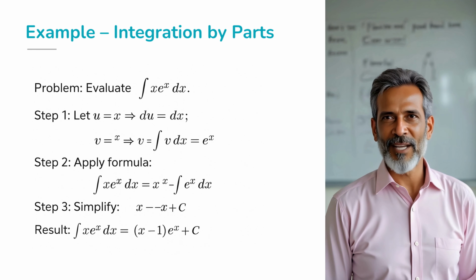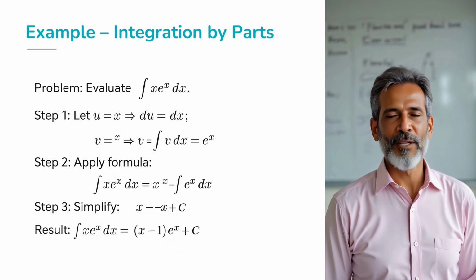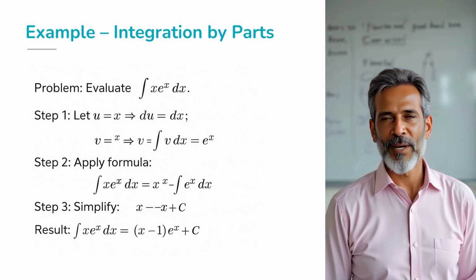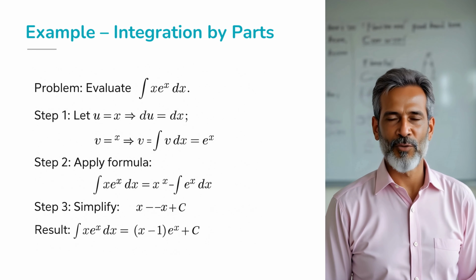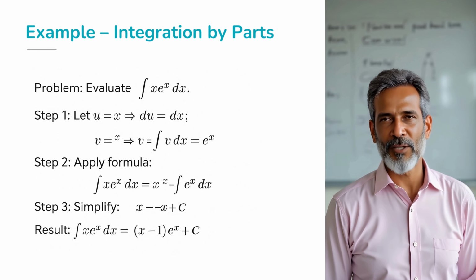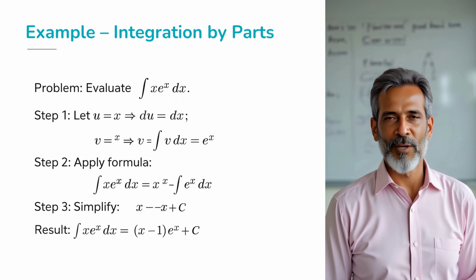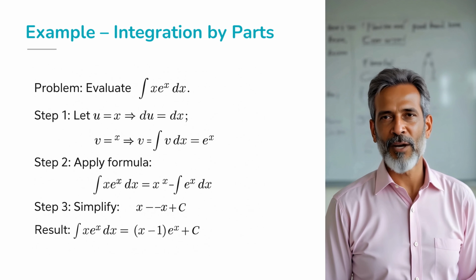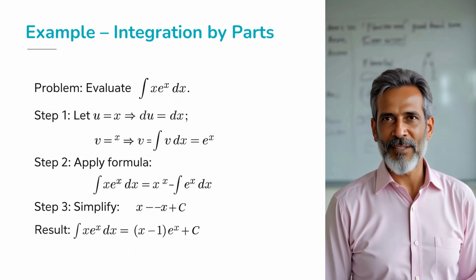Let's solve an example. The integral of x into e to the power x with respect to x. Step 1. Choose u equal to x so that du equals dx. Then let v equal e to the power x, because the integral of e to the power x dx is just e to the power x. Step 2. Apply the formula for integration by parts.